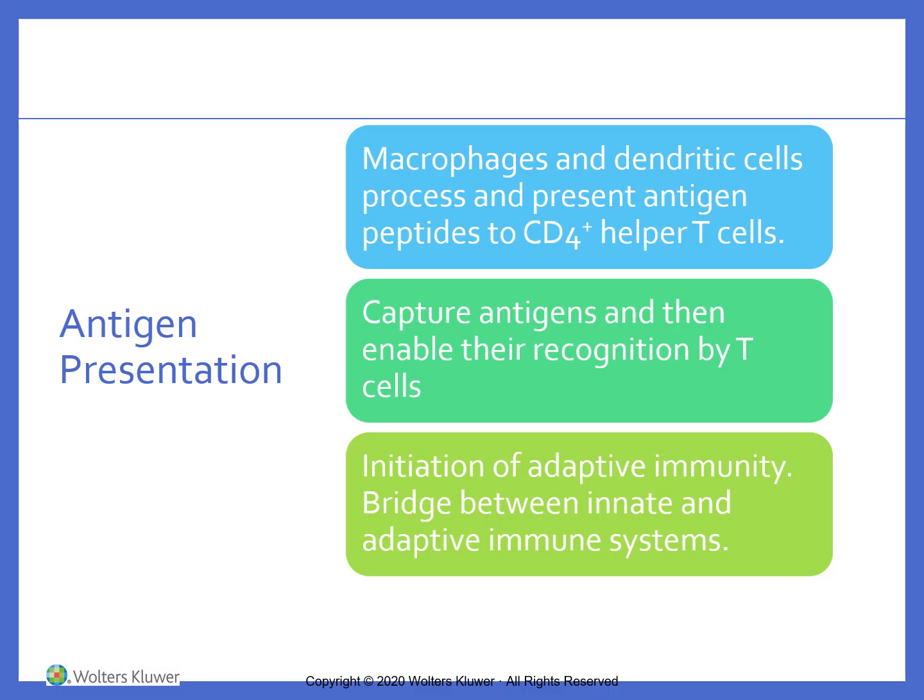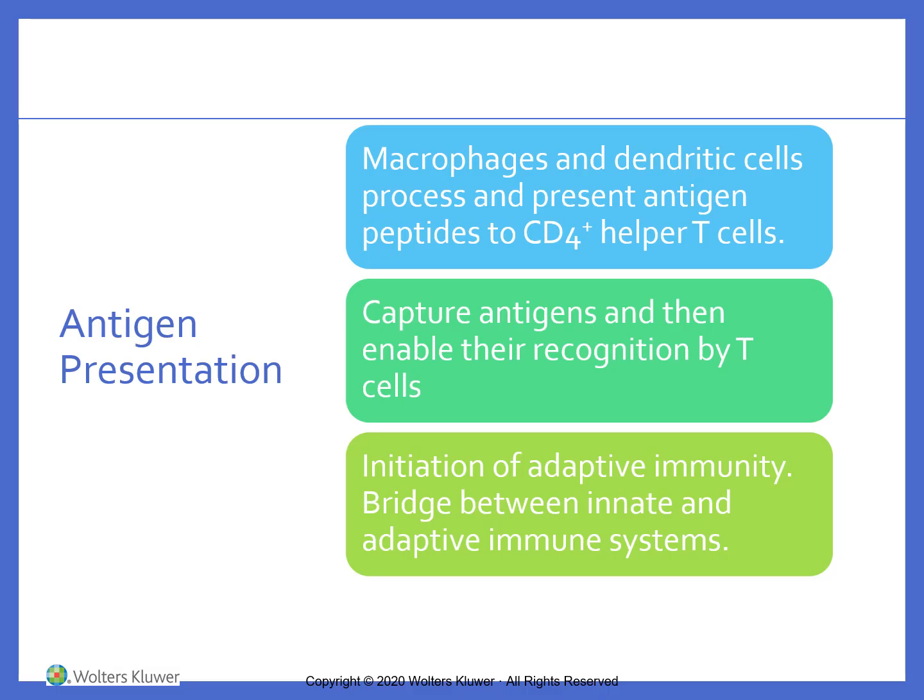So cells known as APCs, or antigen presenting cells, must be able to express both classes of MHC molecules. The antigen presenting cells include things like dendritic cells, monocytes, macrophages, and B lymphocytes. So they capture antigens and then enable their recognition by the T cells, either CD4 helper cells or CD8 cells.